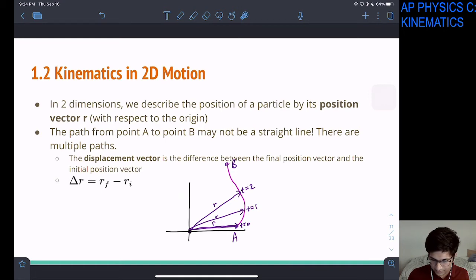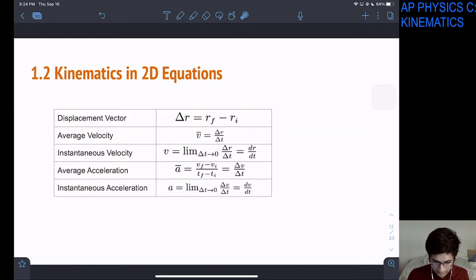All right, next slide. Very similarly, our displacement vector is this. Our average velocity, earlier, was change in position, change in x over change in time. Now we're looking at change in r, our change in the displacement vector, divided by the change in time. Our instantaneous velocity is dr/dt, which is essentially taking our time interval to zero.